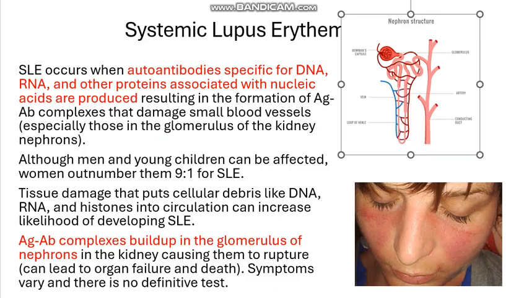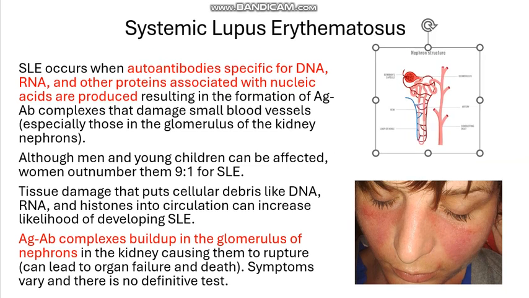These nuclear antigen and antibody complexes form in these capillaries, and because they're so small, these complexes actually rupture the capillaries, causing tissue damage and damage to the functions of the nephrons in the kidney, because these nephrons, especially the Bowman's capsule, are extremely important for the process of ultrafiltration. And if you have rupturing of these glomeruluses, you can get larger molecules ending up in the collecting ducts of the nephrons.